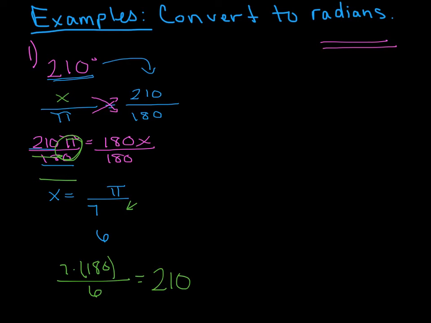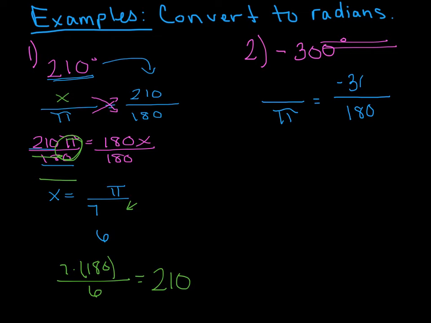Okay, so we'll do another one. We'll do a negative angle this time. So negative 300 degrees. So again, I'm going to set up my proportion. You're always going to have a pi and a 180. I know negative 300 degrees is a degree measure, so I'm going to put it over my 180.